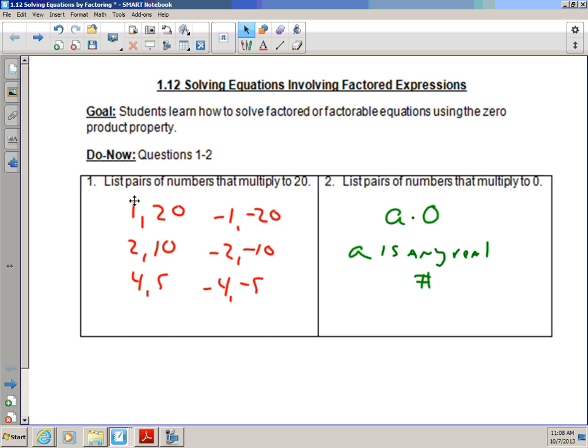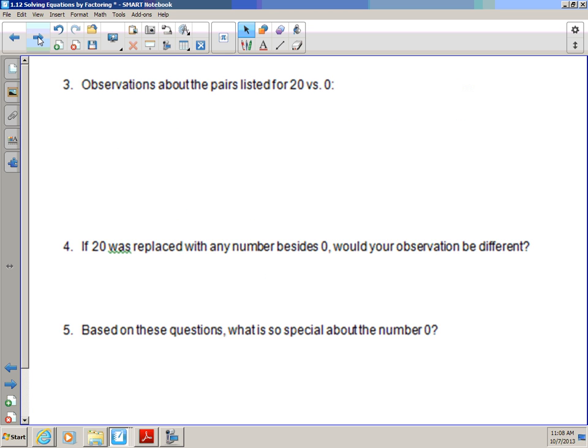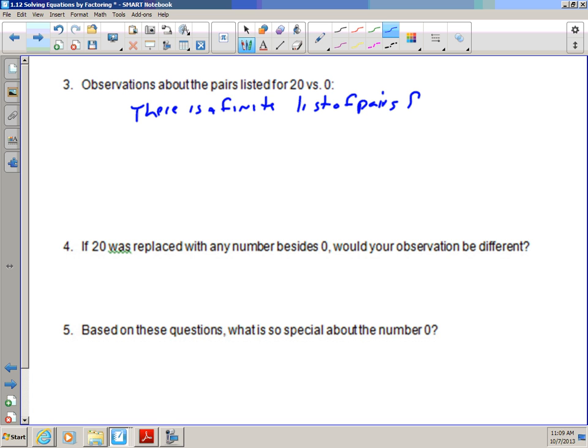Well, our observation is that there is a finite list of pairs for 20, but infinite for 0.